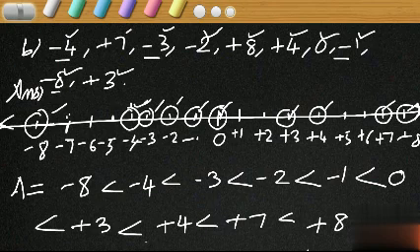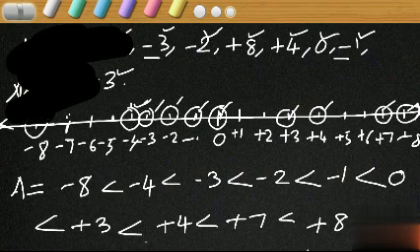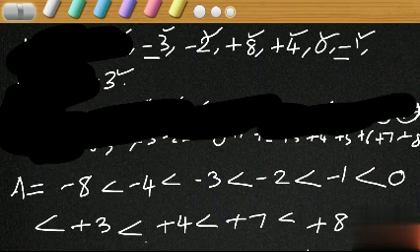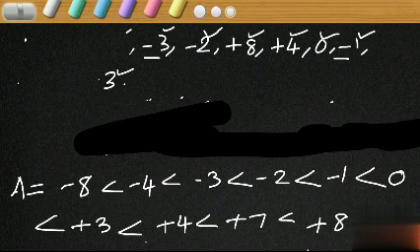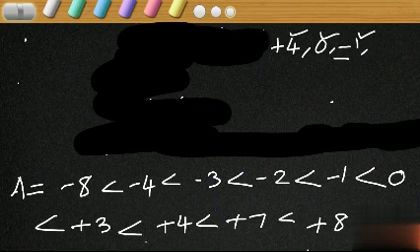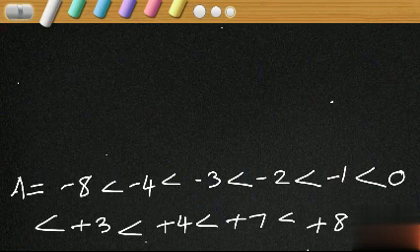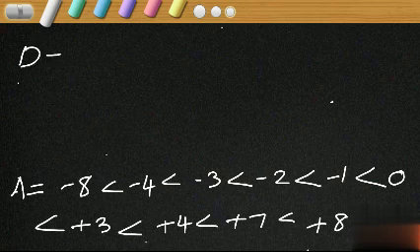Is it clear? Okay, then we have to write the descending order also. For writing the descending order, do we start with the smallest or the greatest? We start with the greatest and end with the smallest. Just the reverse of the ascending order will be the descending order.